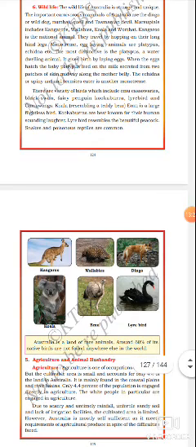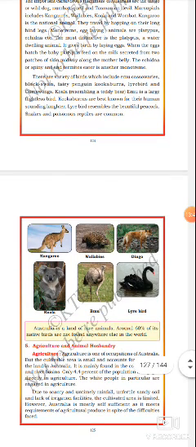Emu is a large flightless bird, one of the largest flightless birds in the world. Got it? Kookaburras are best known for their immense sounding laughter. Lyrebird resembles the beautiful peacock.